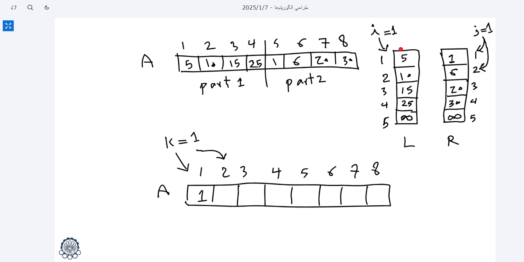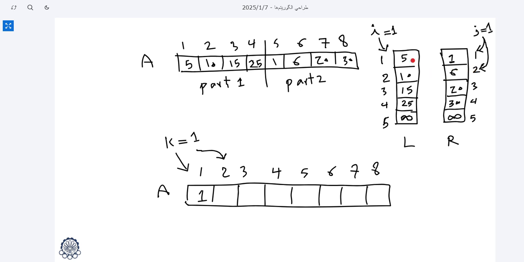Then we again compare the room of L of index i and the room in array R of index j. So at this step we compare 5 and 6. In the previous step we compared 5 and 1. 1 is minimum, 1 is copied to the array and the index of it is increased.